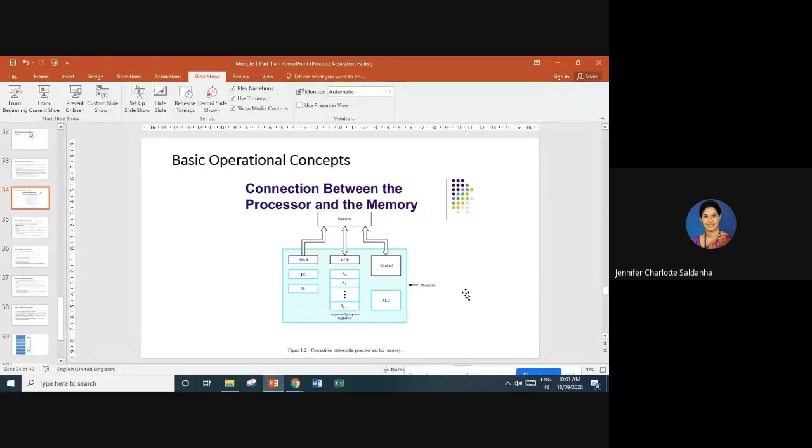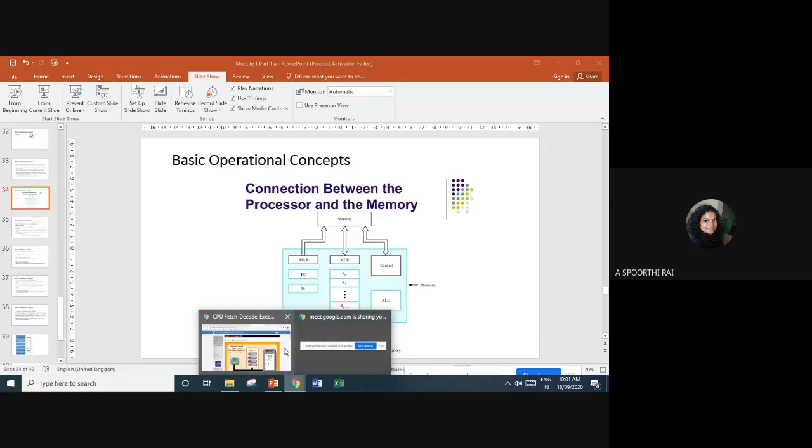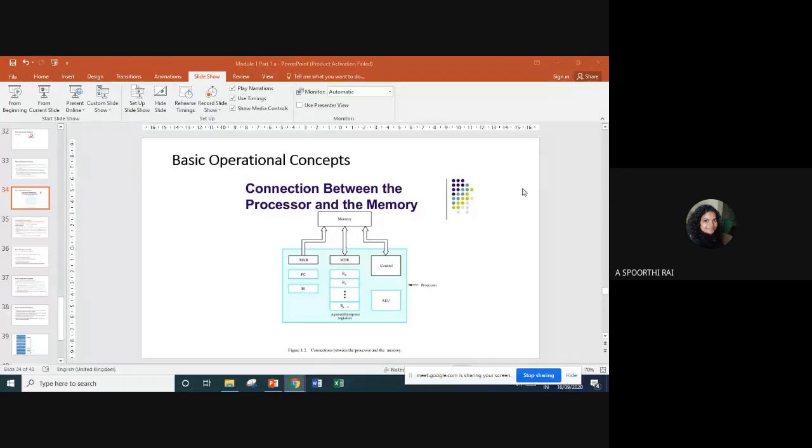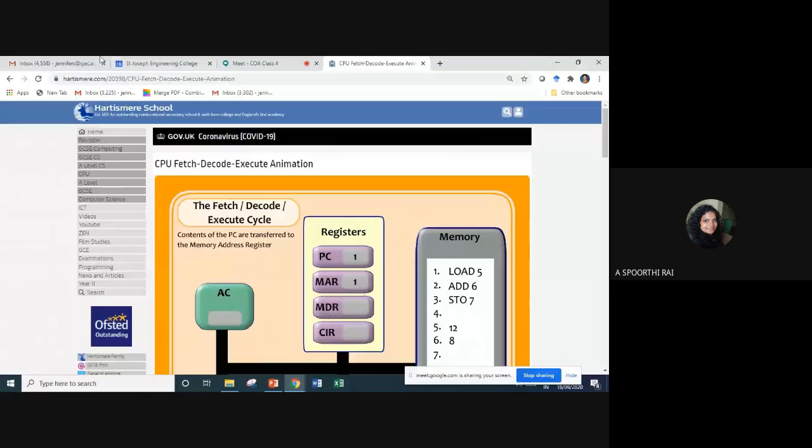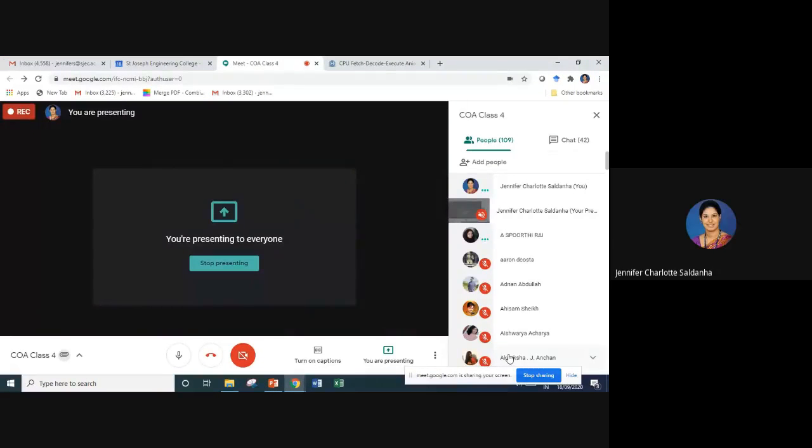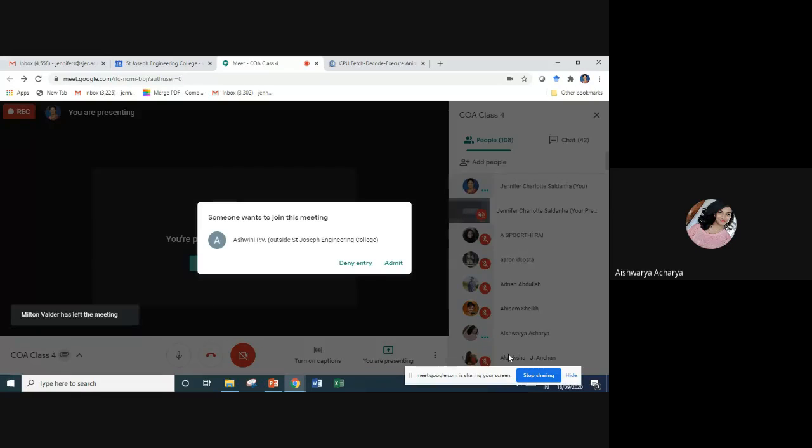Shall I call the attendance if nothing is there from your side? Purti Rai? Present, ma'am. Aaron? Present, ma'am. Adnan? Yes, ma'am. Ahisam? Yes, ma'am. Aishwarya? Present, ma'am. Akanksha? Present, ma'am. Akash? Present, ma'am. Aksha?